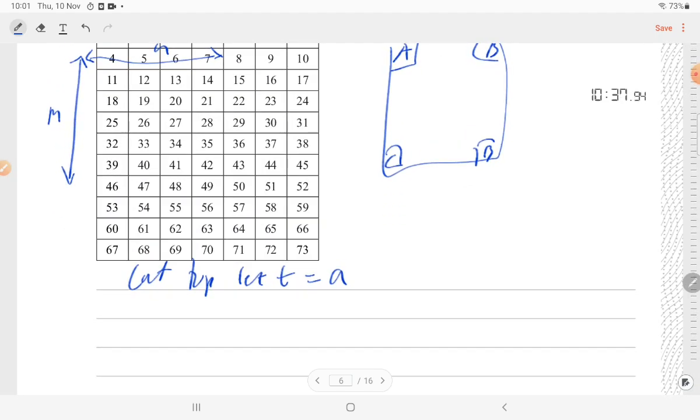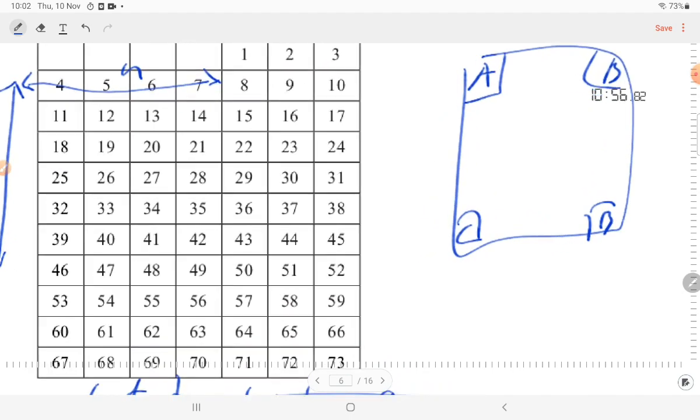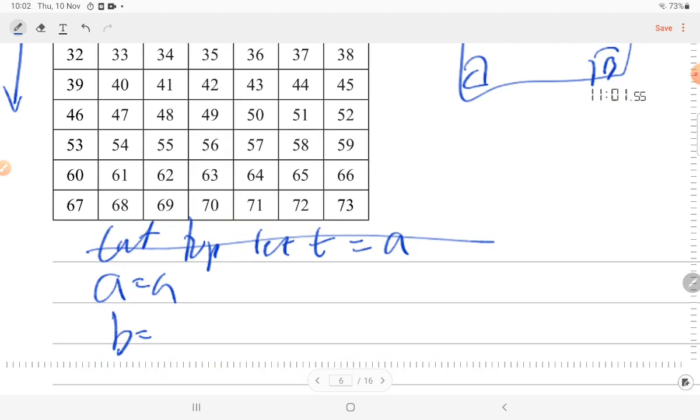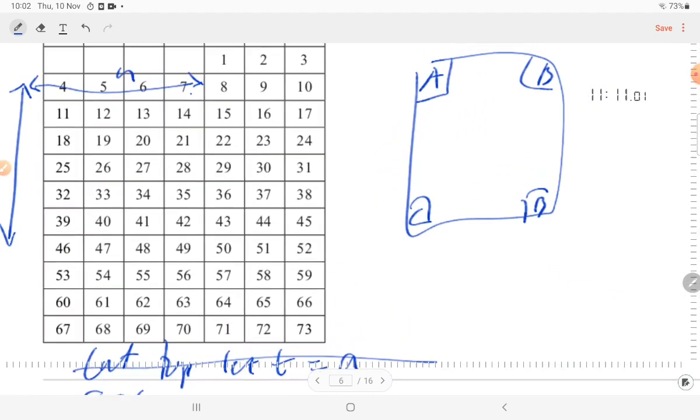Actually, it doesn't really matter where a starts. Then b in terms of a is equal to a plus k, where k is a constant, which can be negative or positive.